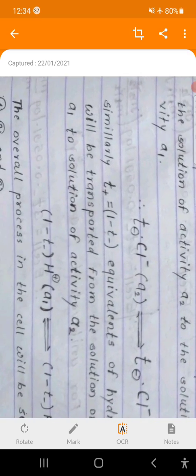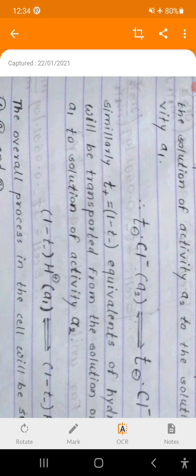Here H plus concentration increases, and therefore H plus migrates from solution having activity A1 to solution having activity A2.